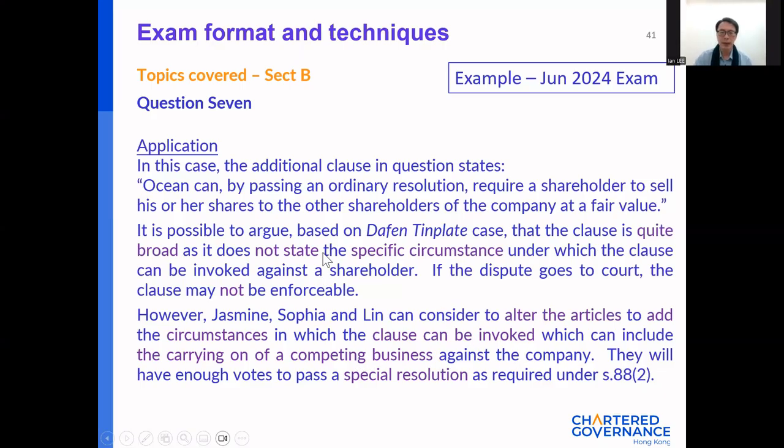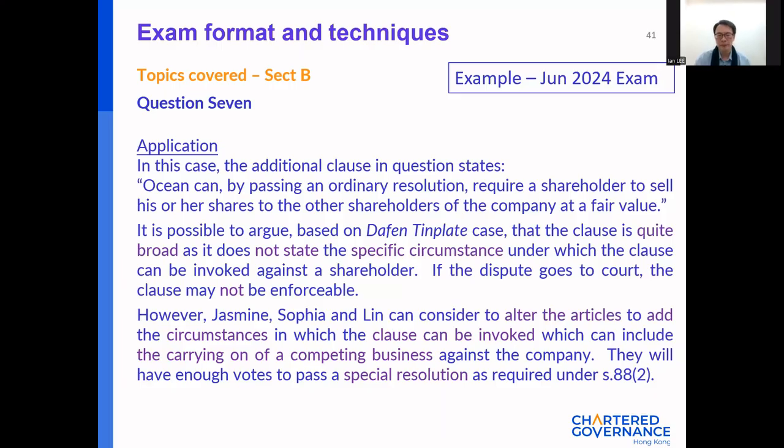So at the moment, the clause is too broad. It does not include the specific circumstances when they can use the clause. Now, if they add a circumstance, for example, the shareholder is carrying on a competing business against our company, that would seem to be a specific circumstance. It would seem to be a reasonable situation where you require the shareholder to sell the shares back to the other shareholders.